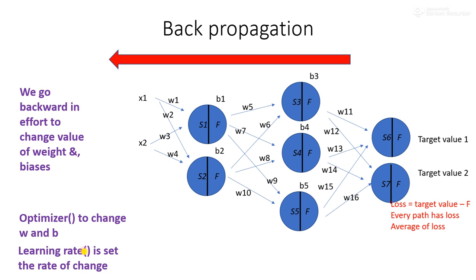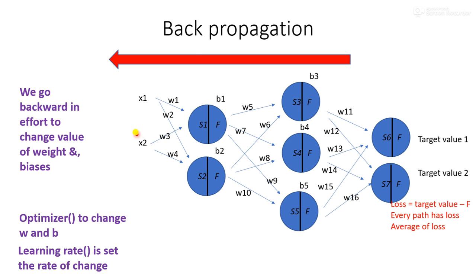So we have to run this function as well. Both the optimizer function and learning rate, they're going to run together. This changes the value, and learning rate is how much you're going to change, big or small, so it gradually becomes smaller, how big the gap is between the changes.